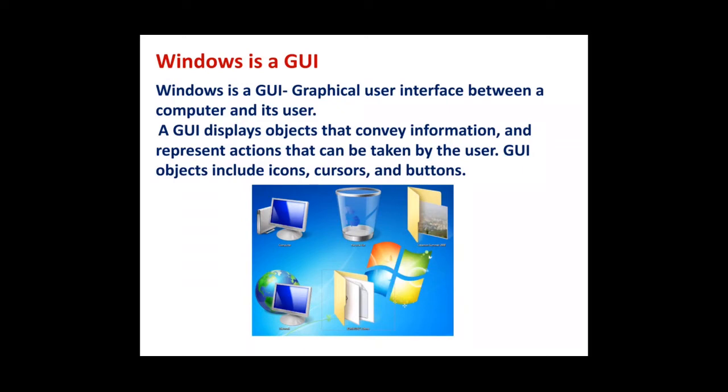Yes, my computer, recycle bin, folders, my network. So these small icons are designed in Windows so that the user can easily interact. Okay, and it becomes very user friendly by this. So that's why it is called graphical user interface, where small graphic icons are given through which we can interact, or we can use that for all functions of Windows.